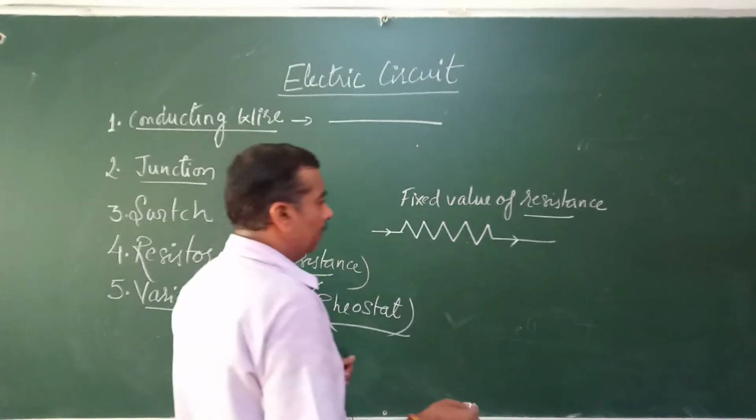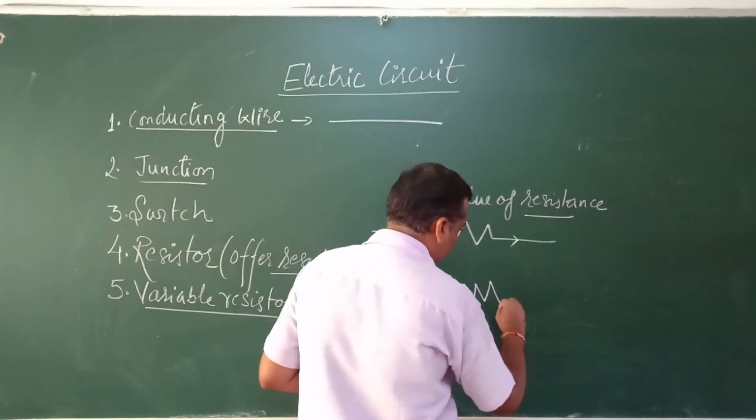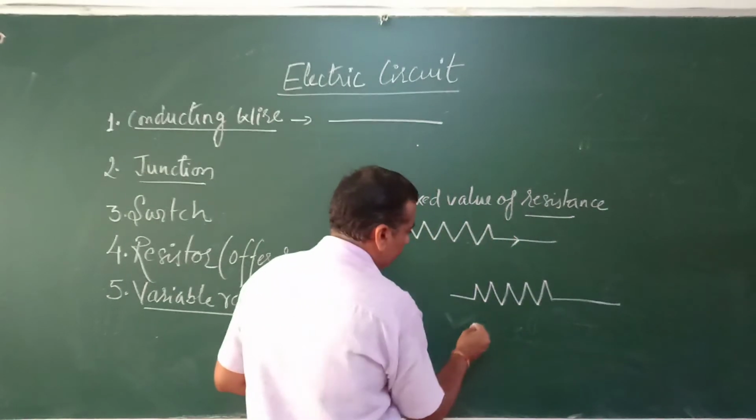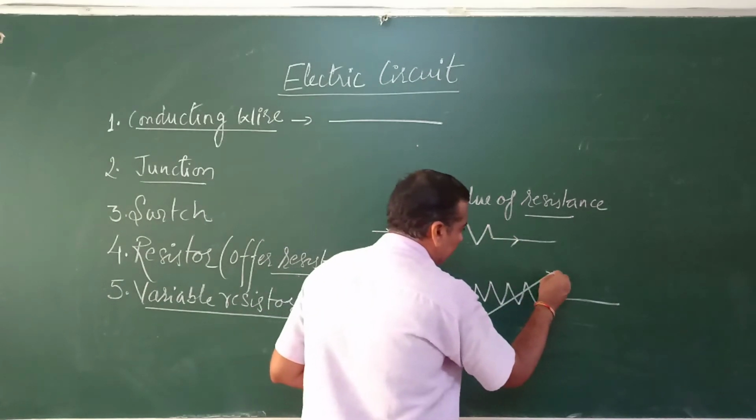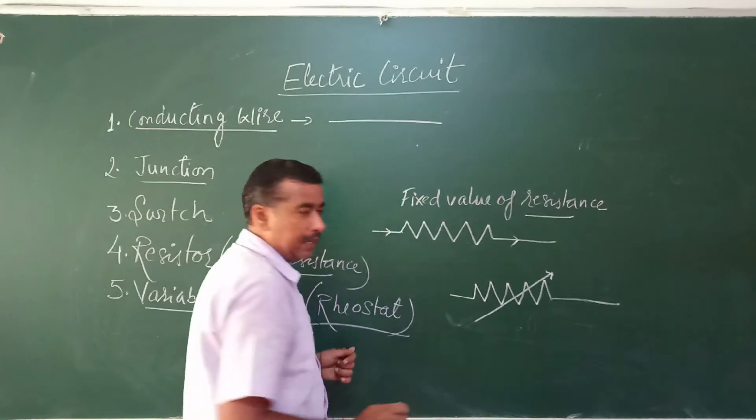Now how do we draw a rheostat or a variable resistor? First we have to draw a simple resistor, and if we draw a slanted arrow like this, this shows a variable resistor or a rheostat.